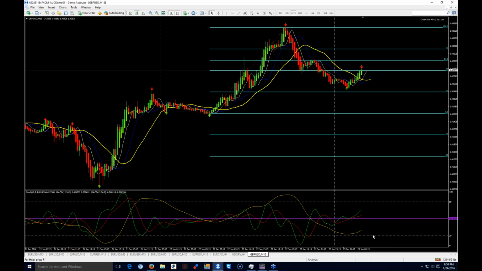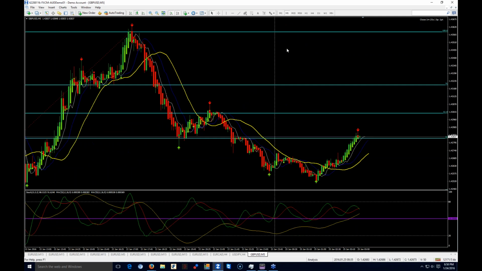If it doesn't do a double bottom here on the 20, it'll probably come up and average just like this, and it may break through or just dip back down through here. But we do have some potential buying power right now. Take a look at a 5-minute.